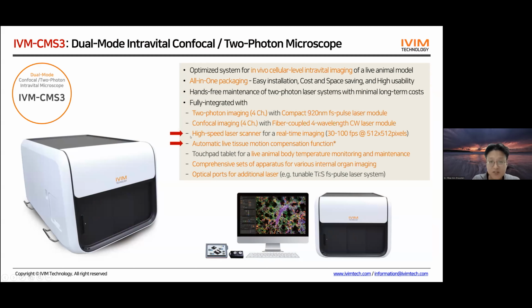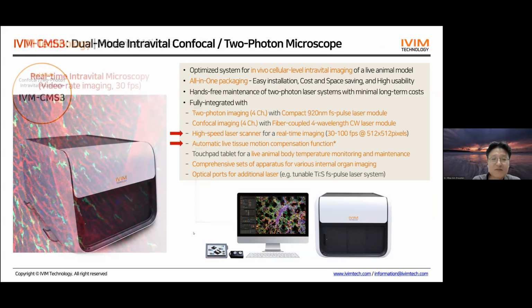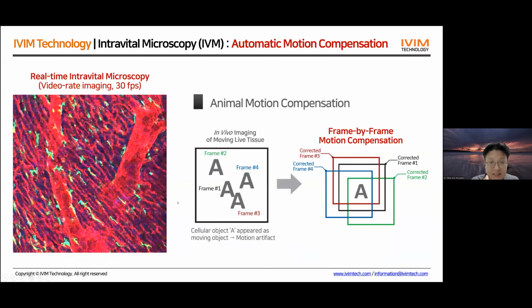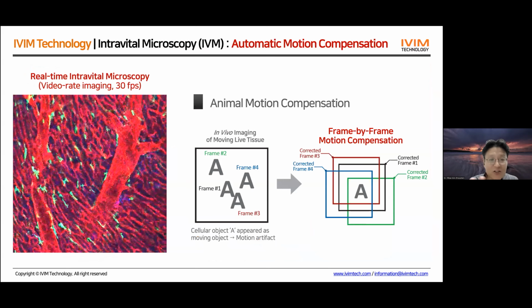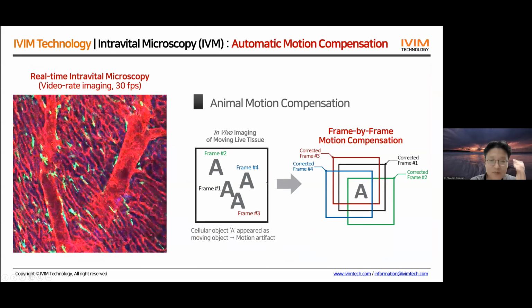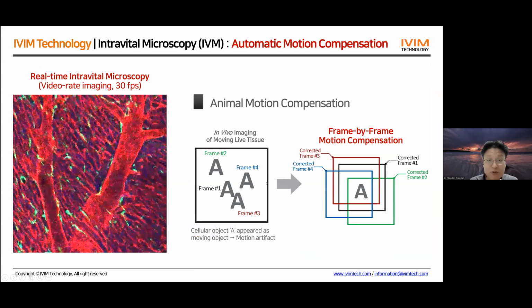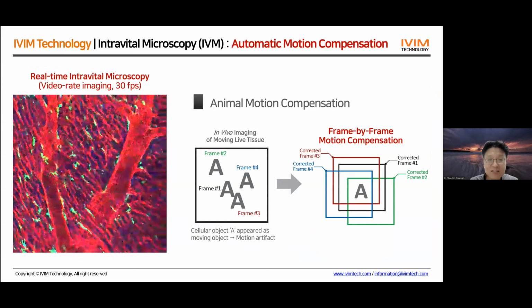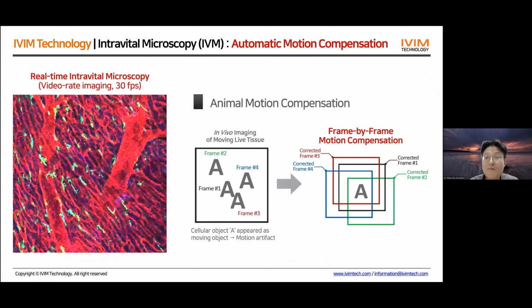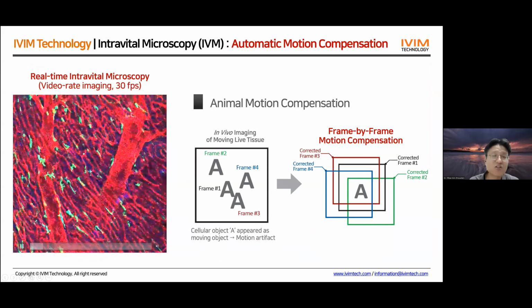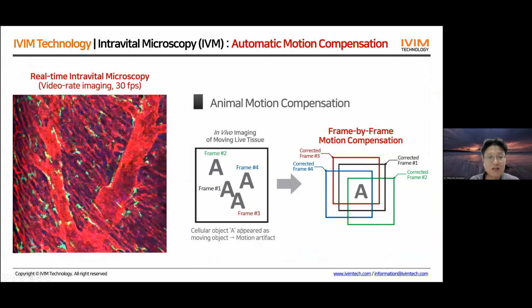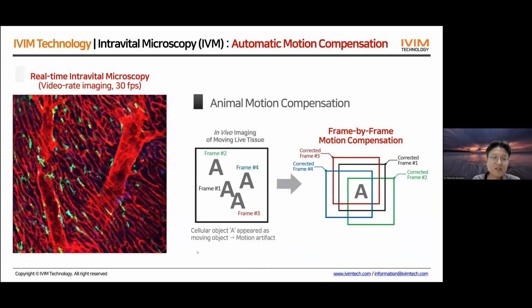And this high-speed laser scanner also enables an automatic live tissue motion compensation function. We can directly capture all the tissue motion in this mouse model. While we are obtaining this live video, we can do frame by frame image registration to compensate for the tissue motion in a live mouse model, like this.